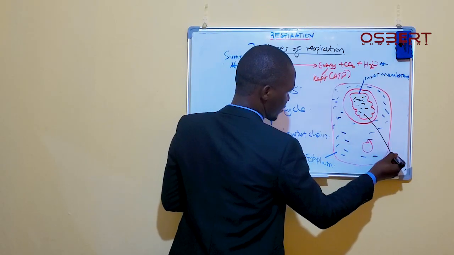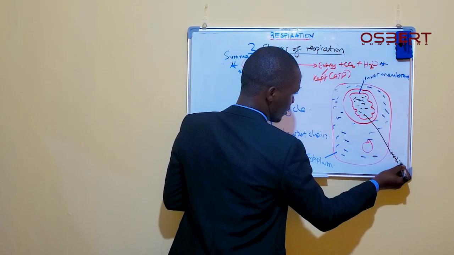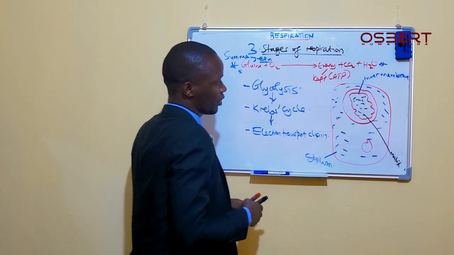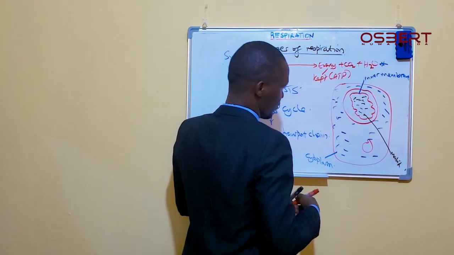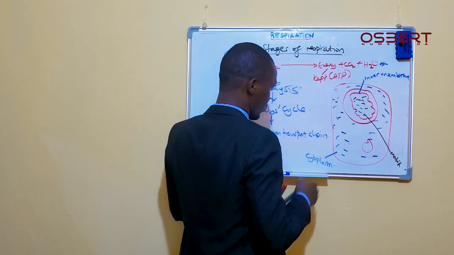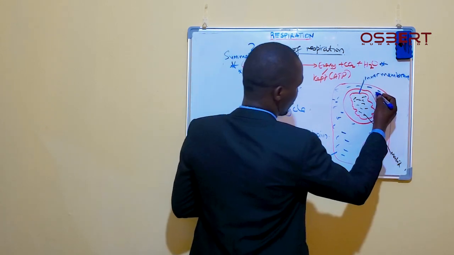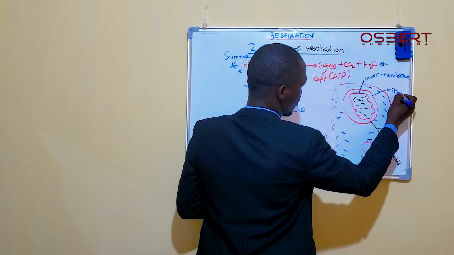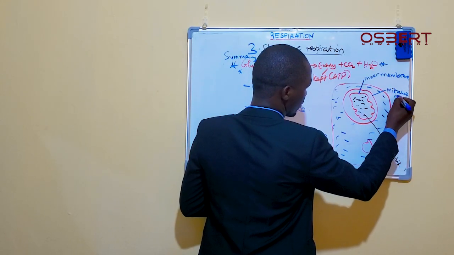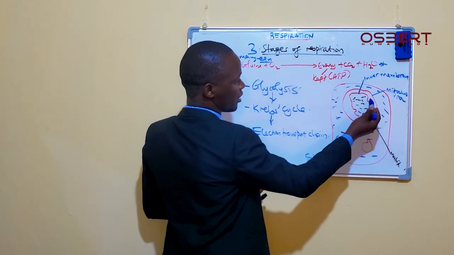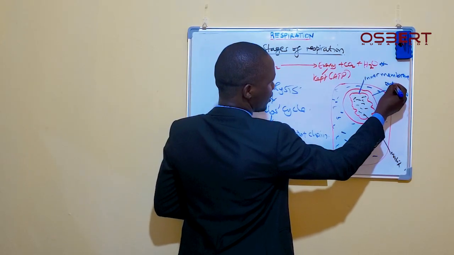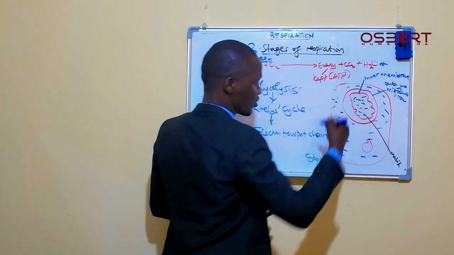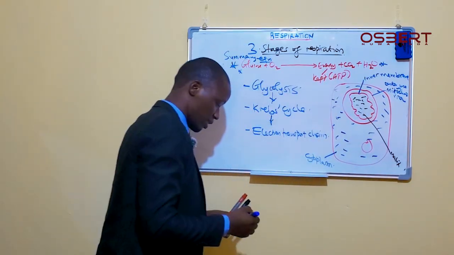This is the matrix of the mitochondrion. This is the outer membrane of the mitochondrion. So the whole of this is the mitochondrion, and these are the parts I want us to focus on.